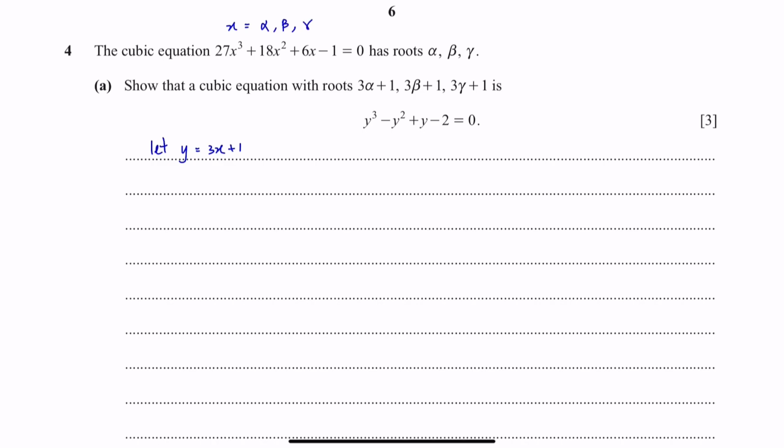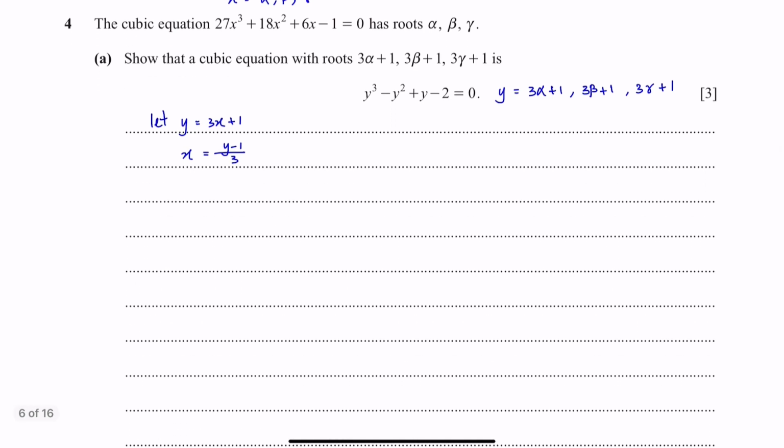The second equation has roots y equals 3 alpha plus 1, 3 beta plus 1, and 3 gamma plus 1. So you can see that we just sub y equals 3x plus 1 because it's in the same form. We make x the subject, so x is now y minus 1 over 3.